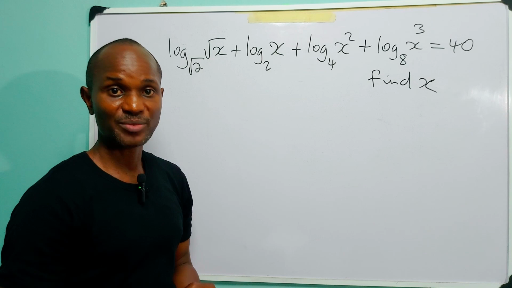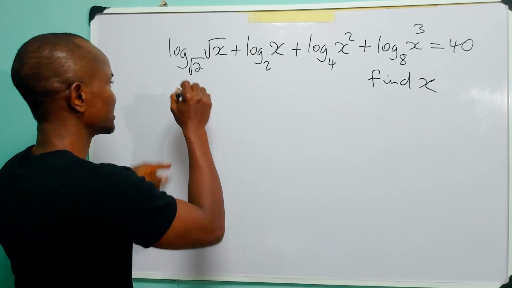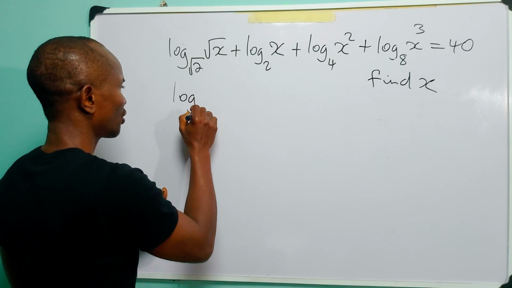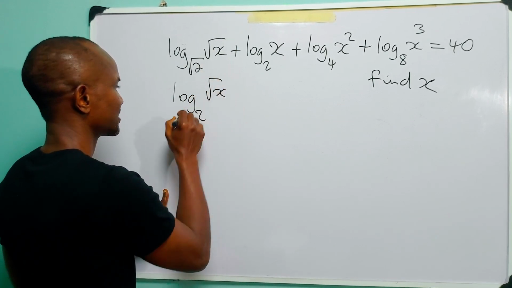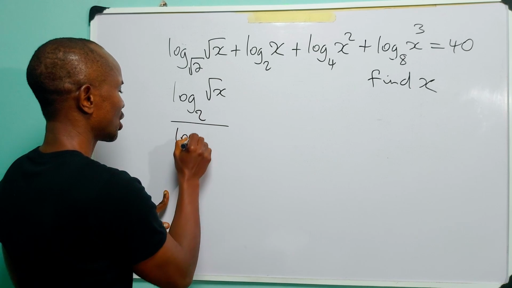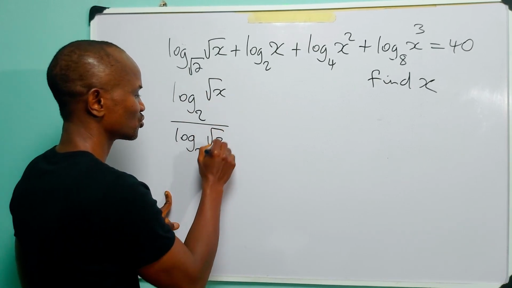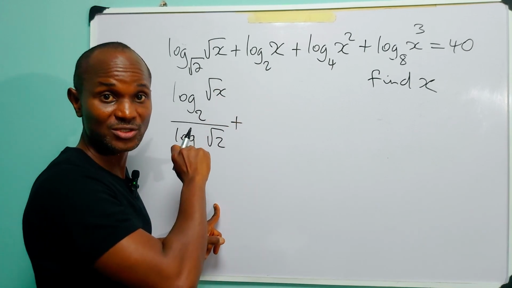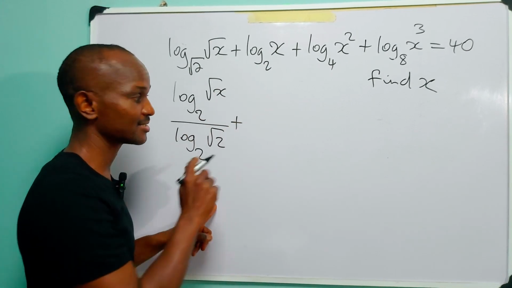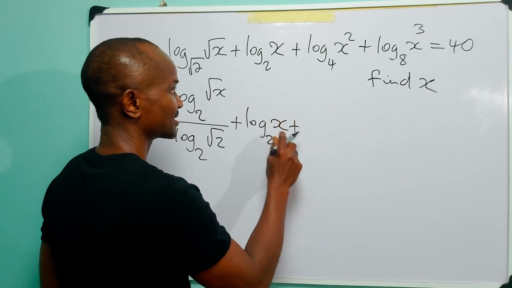We use the change of base formula. To change this to base 2, we have log base 2 of the number, that is root x, divided by log base 2 of the base, that is √2, plus this is already in base 2, so we leave it as it is. So we have log base 2 of x.